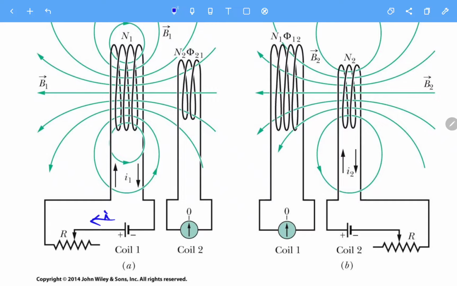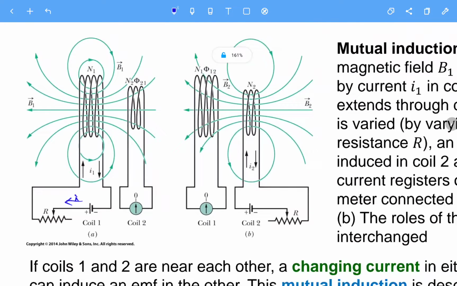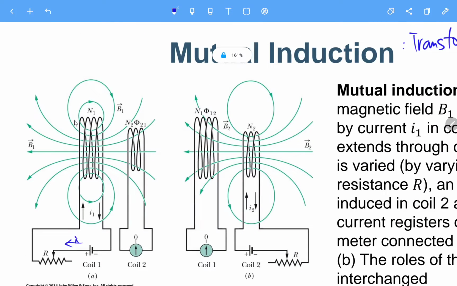According to the right-hand rule, we can determine the B field generated by this coil points to the left side. You use your forefinger to follow the direction of current, and then your thumb points to the left side.